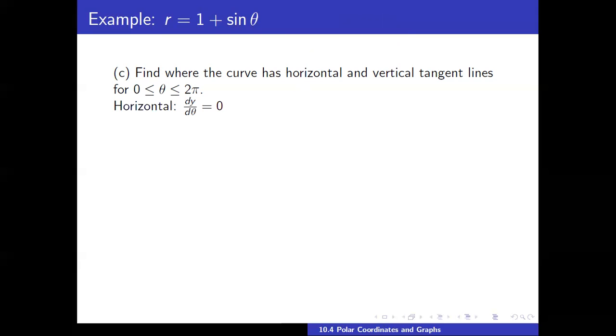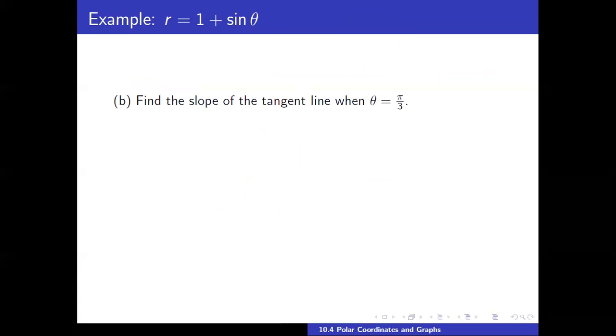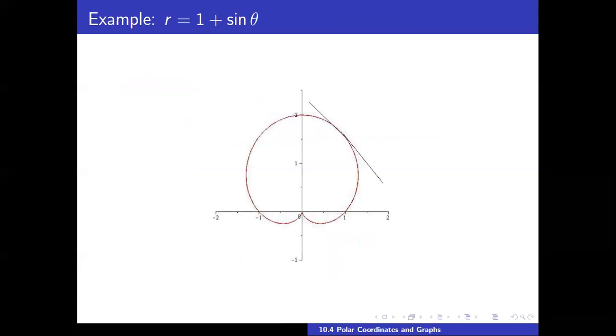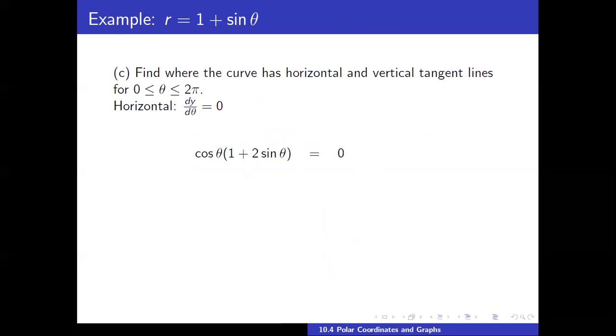Horizontal, well, that's when dy d theta is 0. But dy d theta is given by that. That was what the numerator was, right? Let me just go back over here. The numerator, dy d theta, is cos theta times the quantity 1 plus 2 sine theta. Yes? I just want to make sure we're on the same page here.